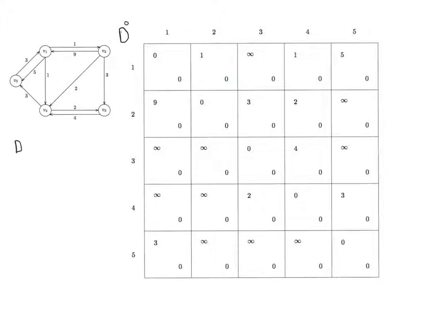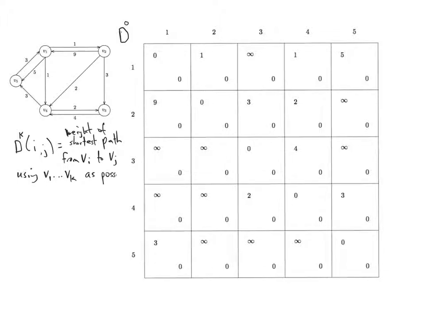In general, we want Dk of ij to be the weight, the total weight, of the shortest path, it really should be lightest, but we use lots of things just meaning the best. The weight of the shortest path from vertex i to vertex j that uses just v1 to vk as possible intermediate vertices.